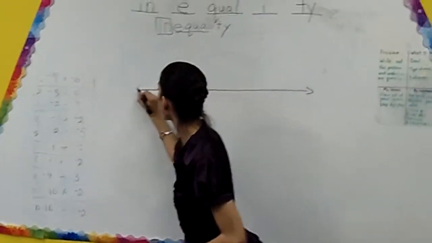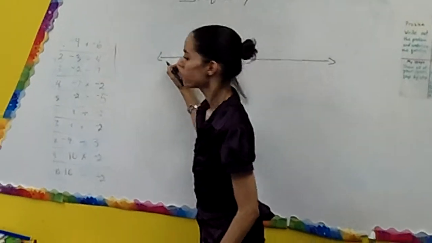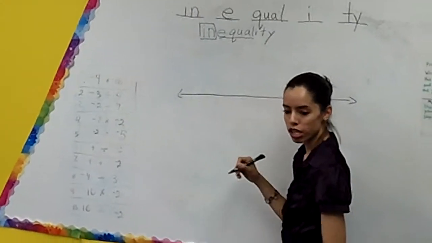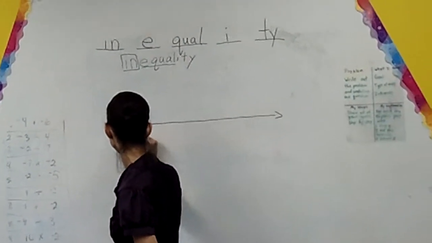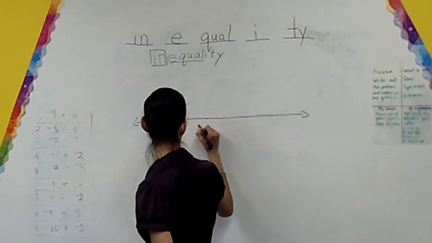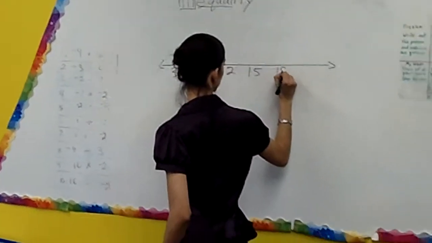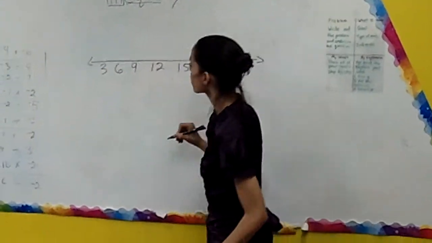Okay, so here's my number line. You can help me count. Rather than using intervals of 1, I'm going to use intervals of 3. Let's count by 3s. 3, 6, 9, 12, 15, 18, 21. Okay, I'm out of space.